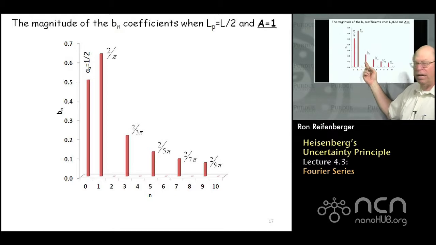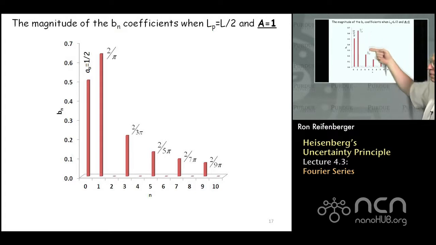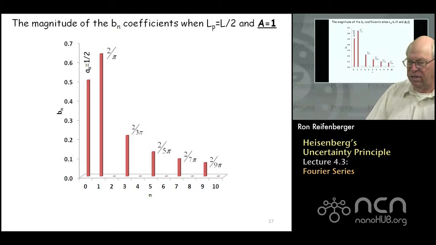The size of those contributions, the first one is 2 over pi. The next one is 2 over 3 pi, 2 over 5 pi, 2 over 7 pi, 2 over 9 pi, and so on and so forth. So you can see the contributions to that square pulse drop off with higher index value n as 1 over n.